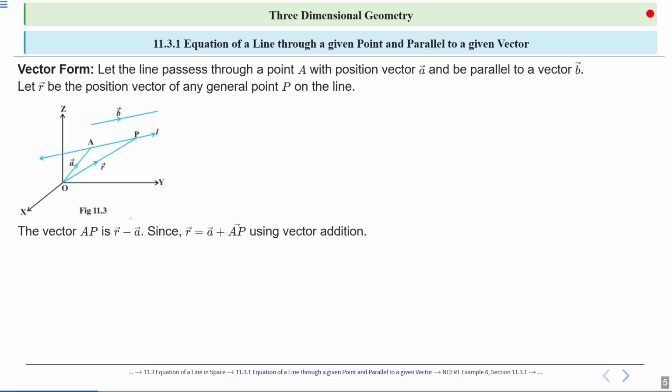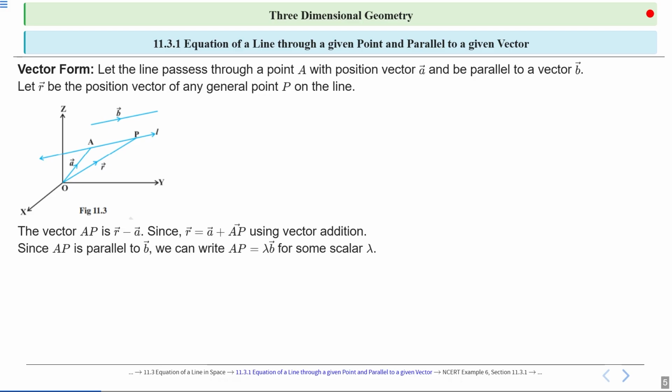So let's focus on the vector from A to P, which we call AP. Mathematically, AP equals r vector minus a vector, since r vector is the position vector of point P and a vector is the position vector of A. So r vector equals vector a plus vector AP using vector addition.